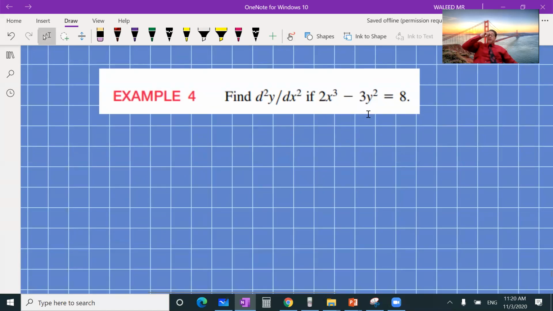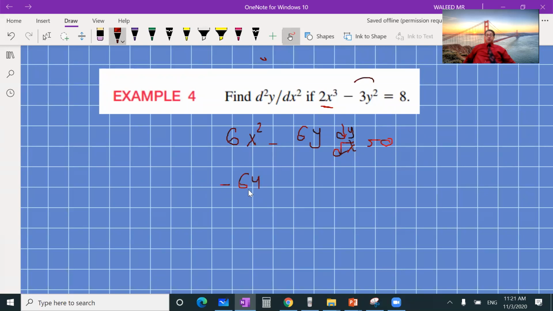Here is 2x cubed minus 3y squared is 8. Are you ready? Six x squared minus 6y dy over dx equals 0.